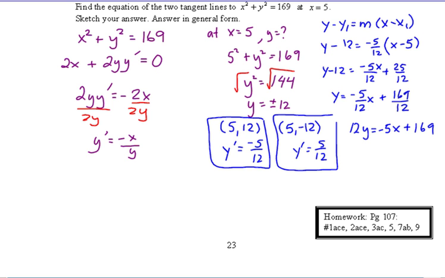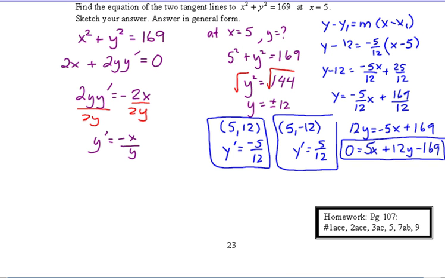What's next? Bring the 12y over. What's going to be wrong with it? Can't have a negative x. So I'm going to go straight to 5x. So this minus 12 becomes a plus 12y minus 169. So that's one equation. We still have one more.